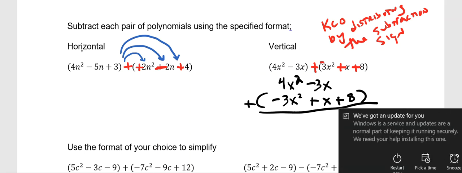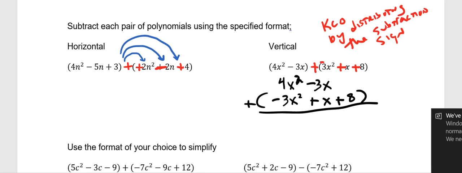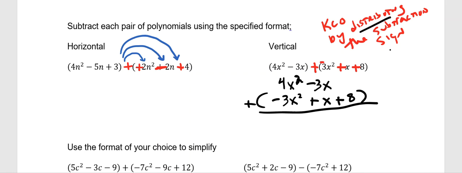So as long as you followed through with distributing, and I really encourage you to distribute that negative sign and turn it into addition, then these are just as straightforward as above. So let's finish this last one off, and I'll leave this other horizontal method for you to check, okay?